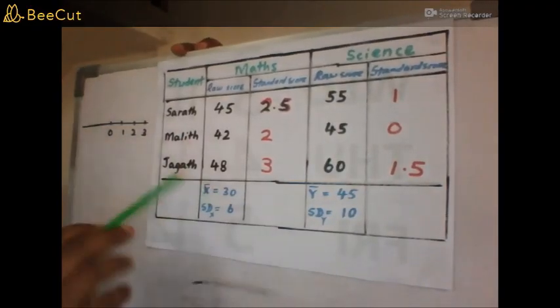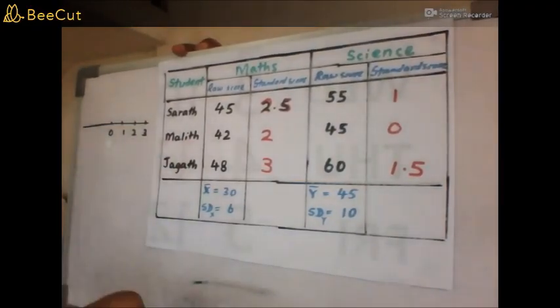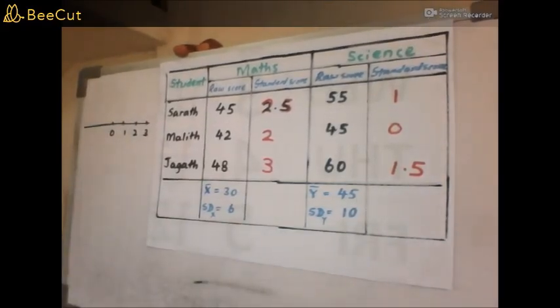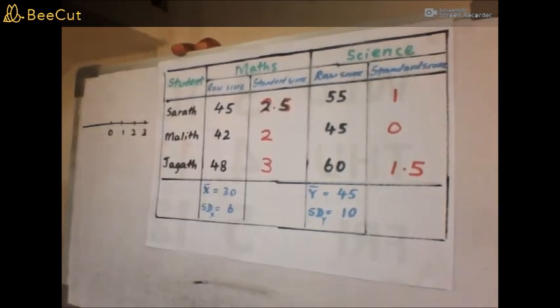Likewise, you can interpret Jagat's marks as well, raw marks and Z marks. That is one advantage. Within this group, the student's performance can be interpreted accurately.